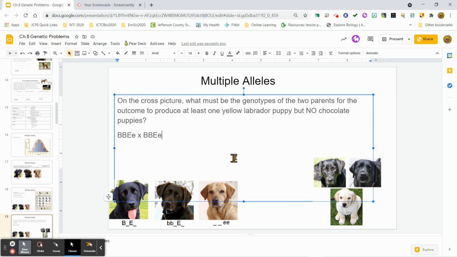So this would produce no chocolate. So these are all going to be black because you don't have any little B's. And you have to have at least one big E to have a black lab as well. So I think this is the answer here. You could probably come up with another version of that.